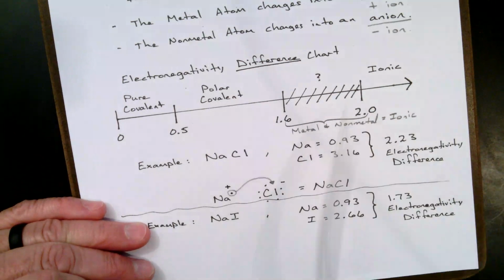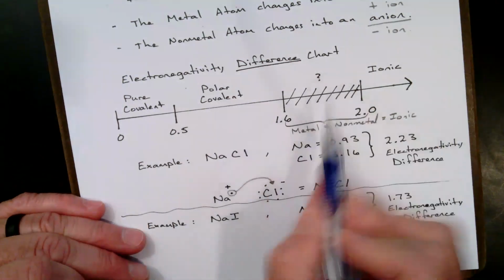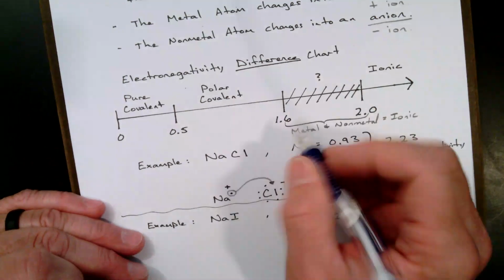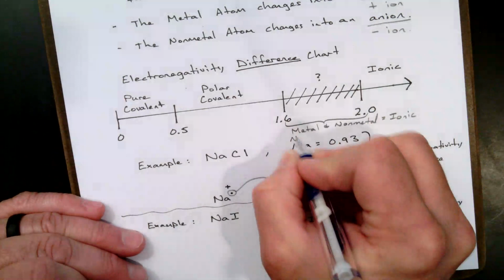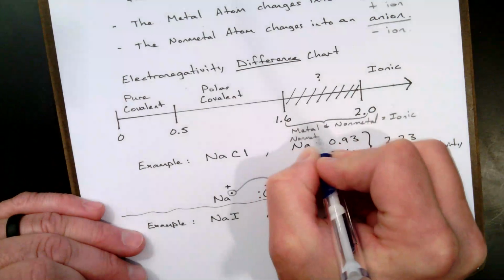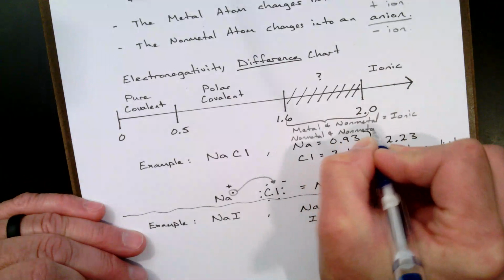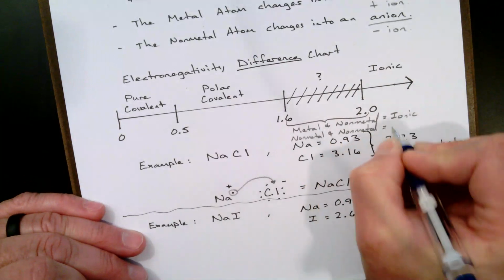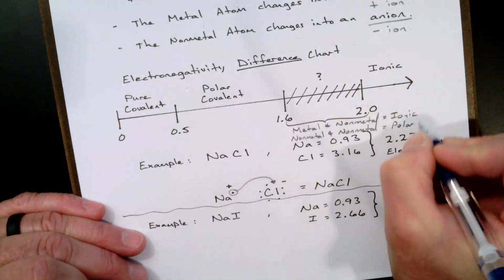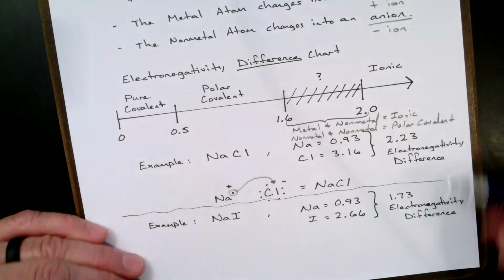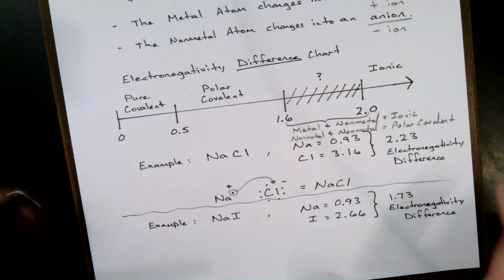If the difference in electronegativity is in this area and we're dealing with a metal and a nonmetal, we call it ionic. If it's a nonmetal and nonmetal, we call it polar covalent. And I apologize, I should have given you some more room there.